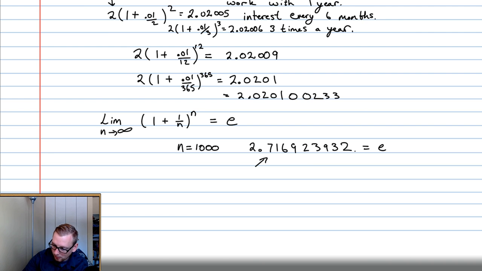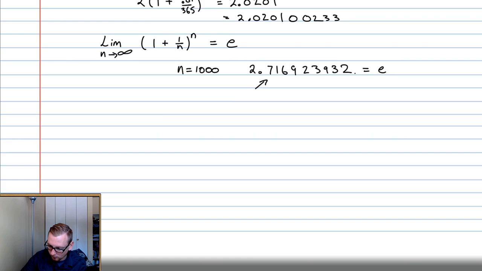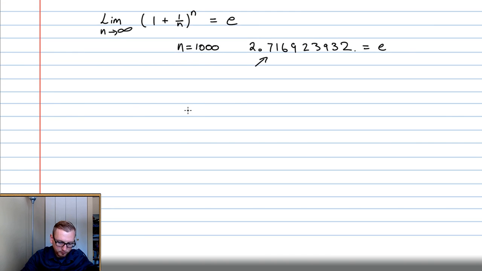Actually, we could kind of draw this. Let's draw it. So our function 1 plus 1 over n to the power of n looks a lot like this.